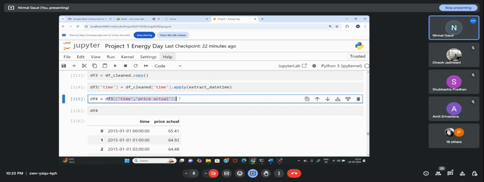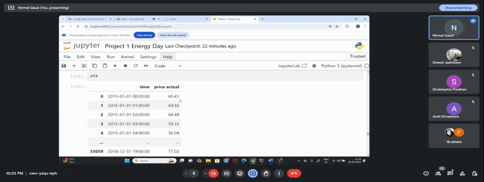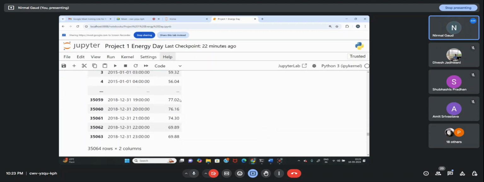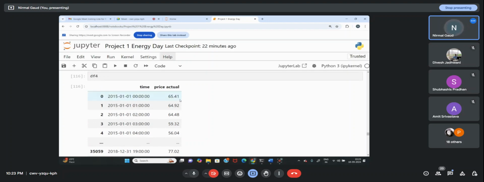No, I just want the trend. I want the daily trend, whether on an hourly basis, in minutes, or in seconds. I require a regular trend, which is sequential data. I don't require anything else. So this is my new data frame df4, which has time and price actual. You can see only two columns.